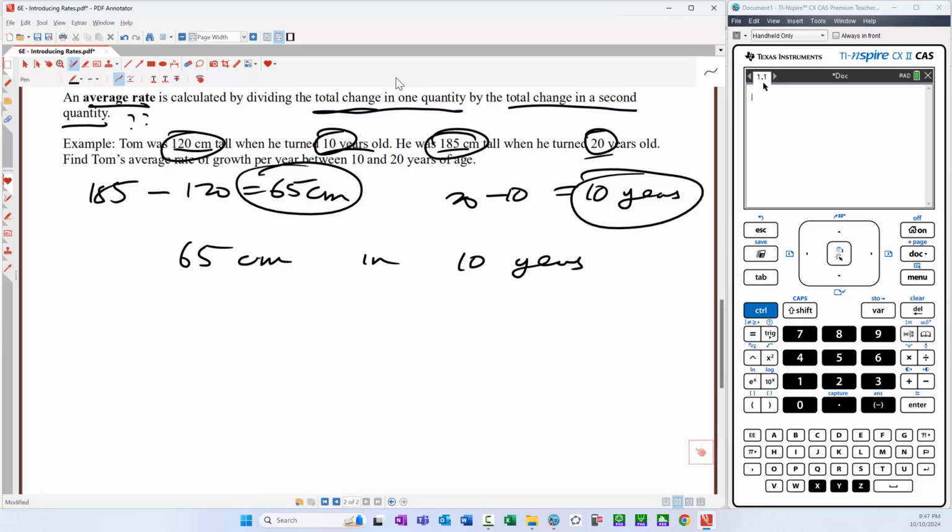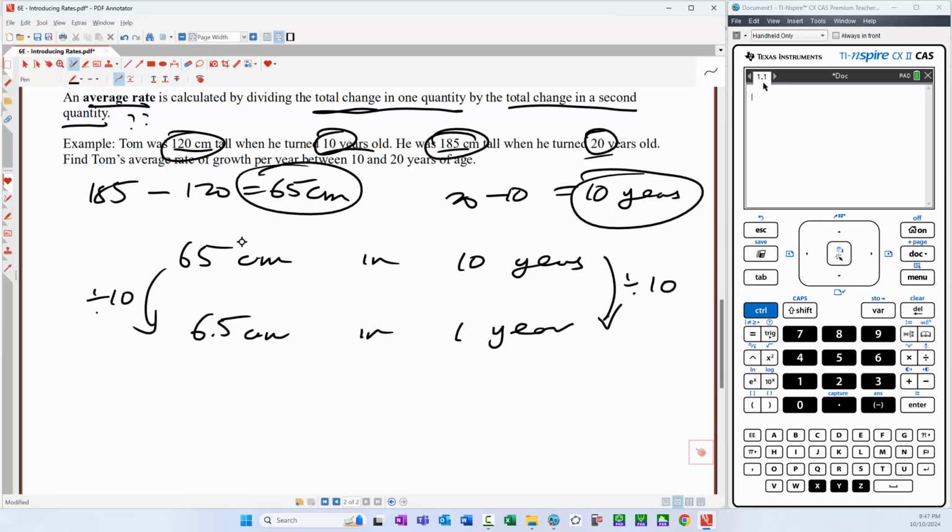Now we want this expressed as a simplified rate. So we're going to work out the per year growth rate, and that's going to be the average rate of growth of Tom. We divide this by 10 to get the second quantity down to 1. That's 6.5 centimeters in 1 year.